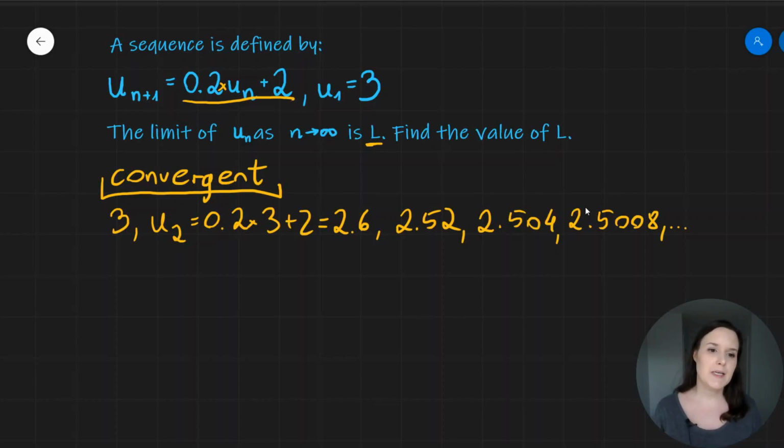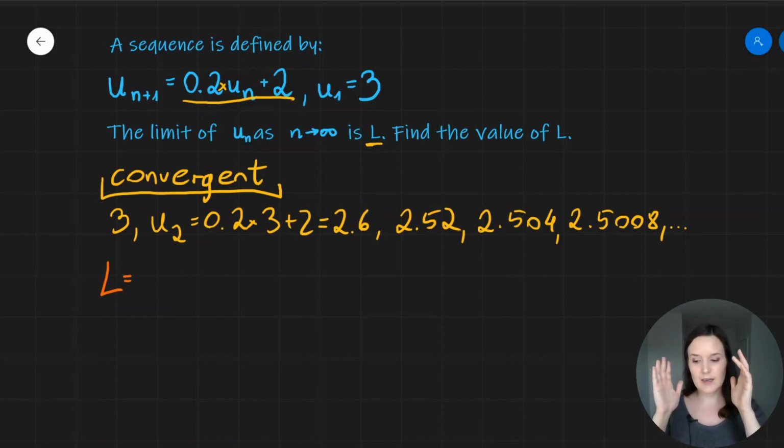To calculate the limit, we can assume that far away in the sequence, when n is very close to infinity, the two terms are very close to each other and they are very close to the limit.